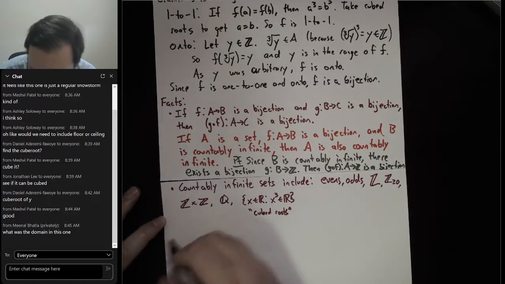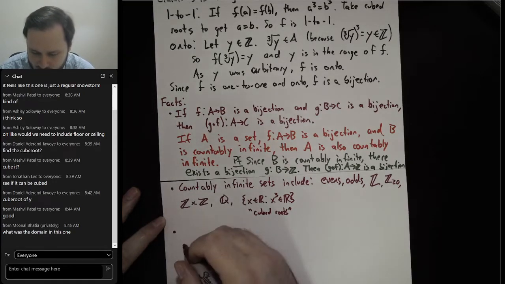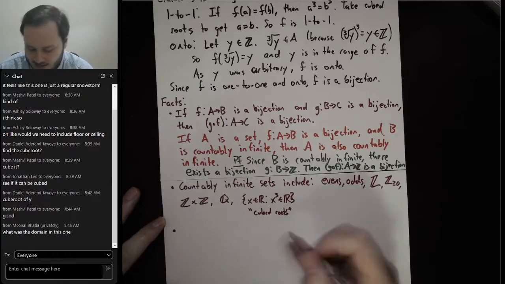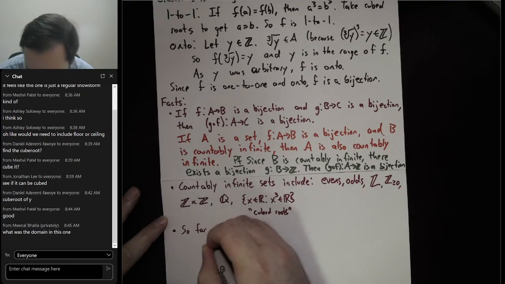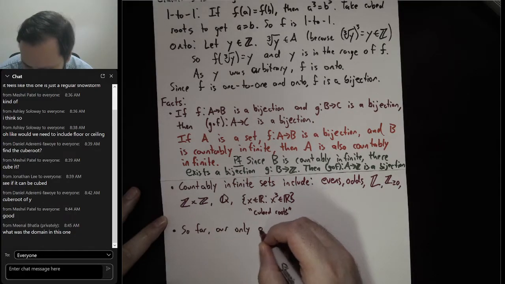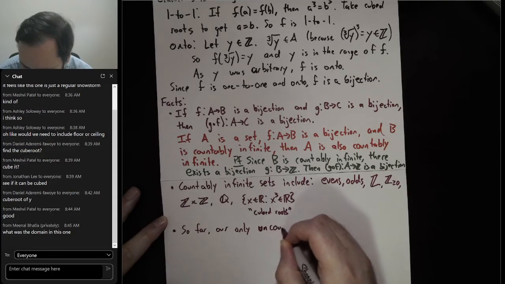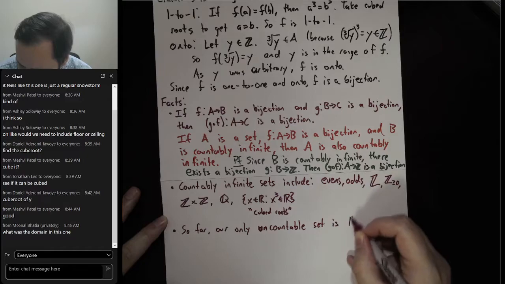And so far, our only uncountable set, that's an infinite set that's not countable, is the real numbers.